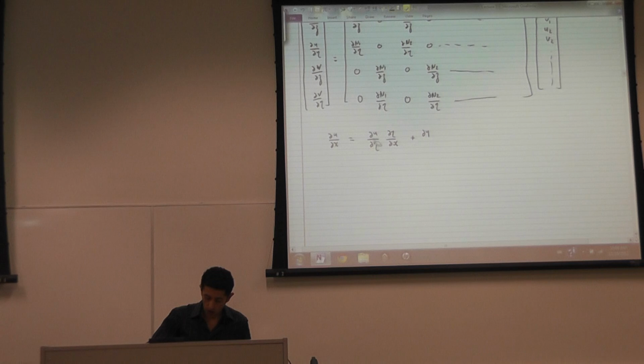Let me just write it. Start with x. So partial u by partial xi multiplied by partial xi by partial x plus partial u by partial eta multiplied by partial eta by partial x.